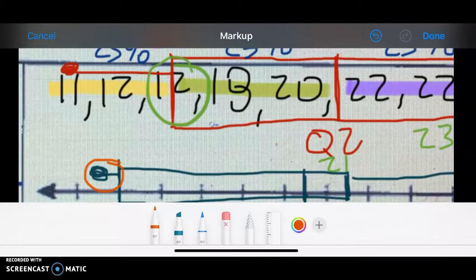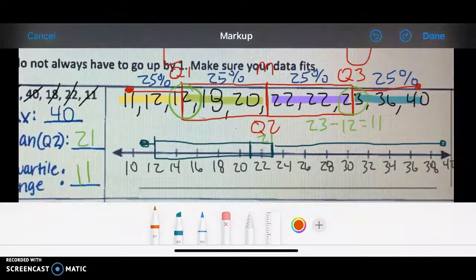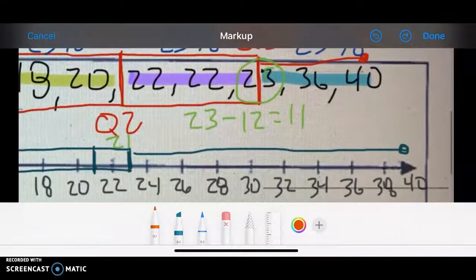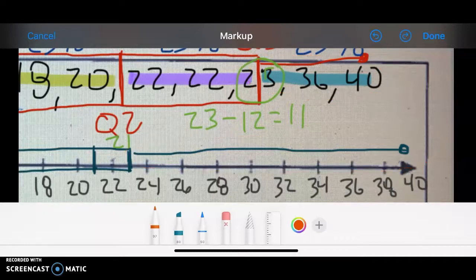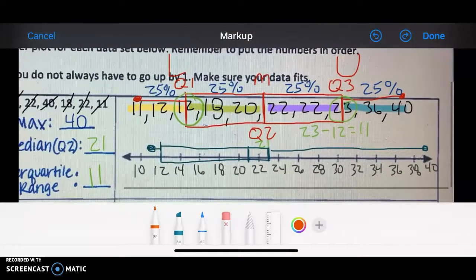Well, it's 11, 12, and 12. So we have 3 numbers on that one little spot. And then this one here looks huge, like it includes tons of numbers. Well, it doesn't. It only includes 3 numbers: 23, 36, and 40. The only difference is they're just far apart. So that's why that box plot looks so strange.